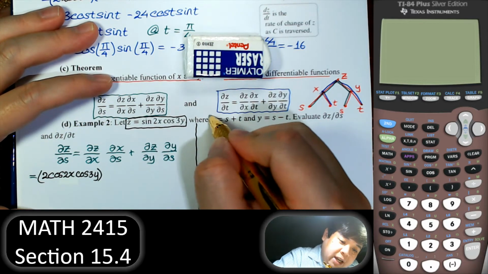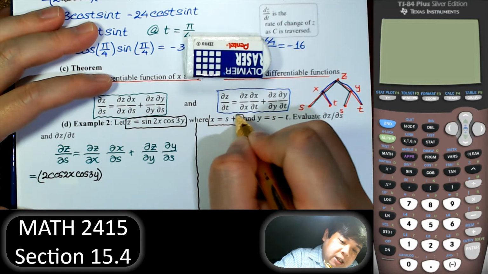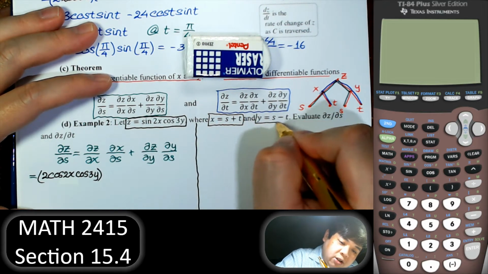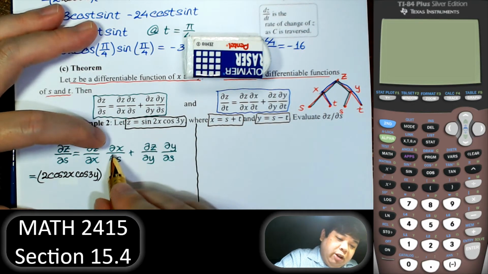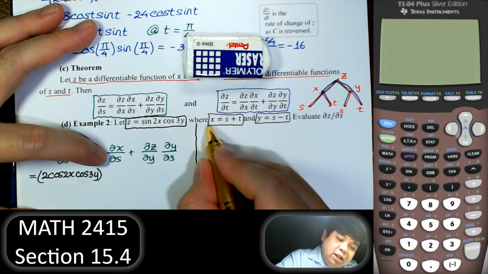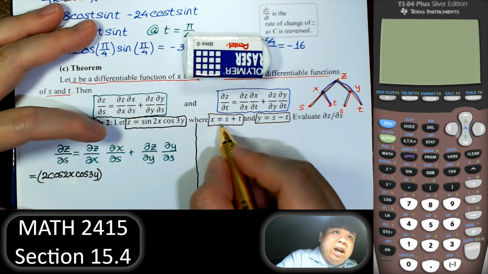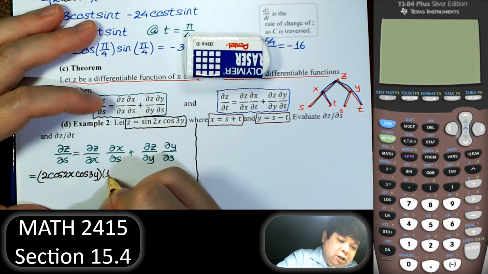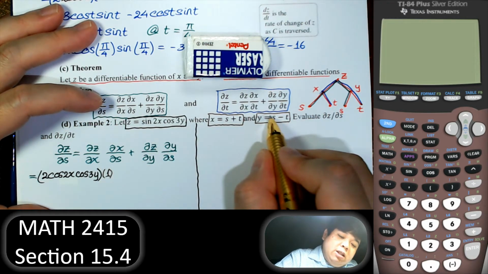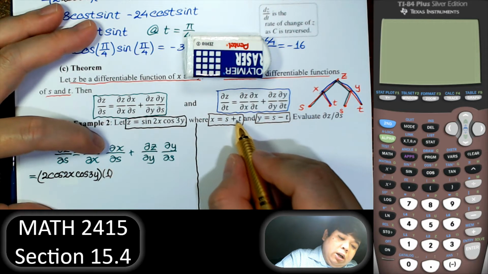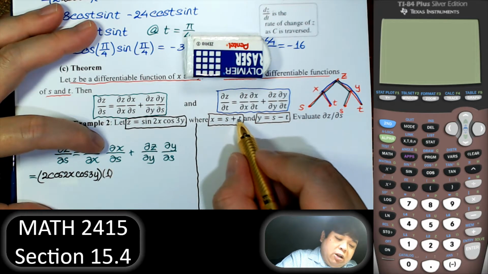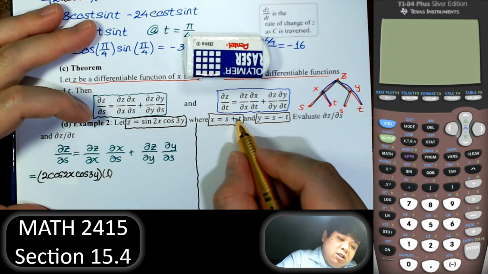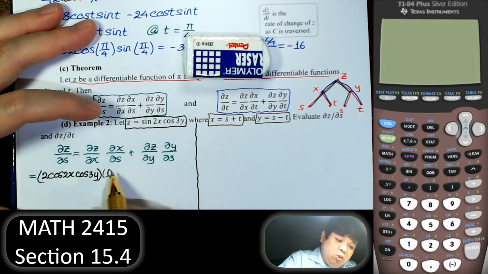Next, we have x is a function of t and s, y is a function of t and s. Now we have the derivative of x with respect to s. Derivative of this with respect to s is just 1. And the derivative of t with respect to s is 0, because with respect to s, t is a constant, so that's still 0.